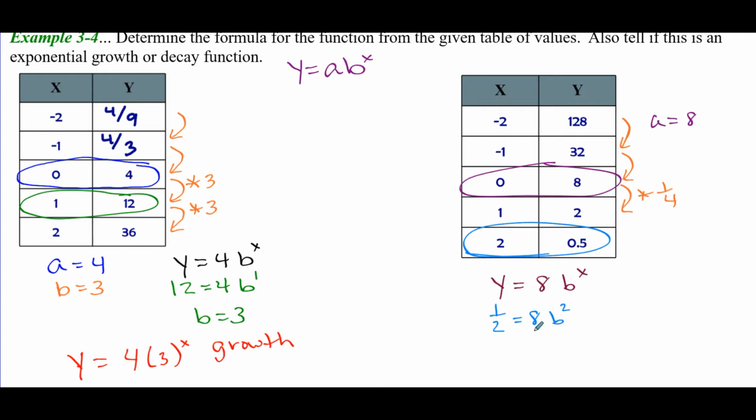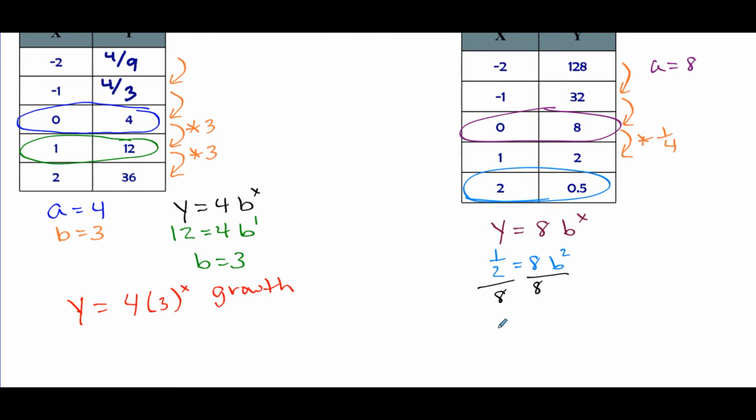So I'm going to divide both sides by 8, which will give me 1/16 equals b squared. And then we're going to square root both sides. So b would be plus or minus the square root of 1/16, which is going to be 1/4. With our exponential functions, remember, we were restricting b to be positive, so we're going to take the positive answer. So then we're going to go y equals 8 times 1/4 to the x.